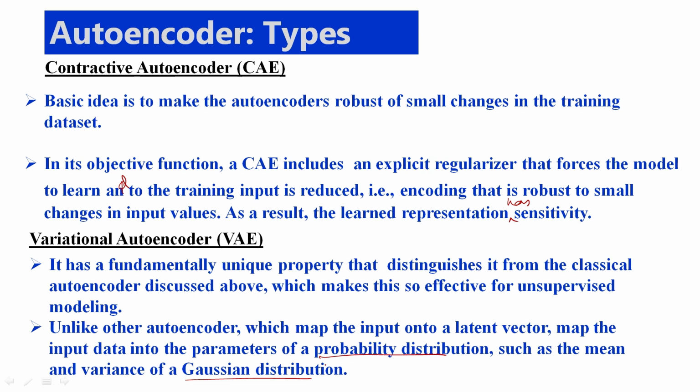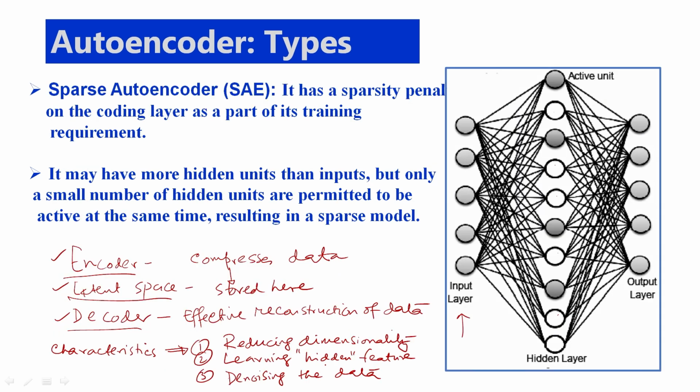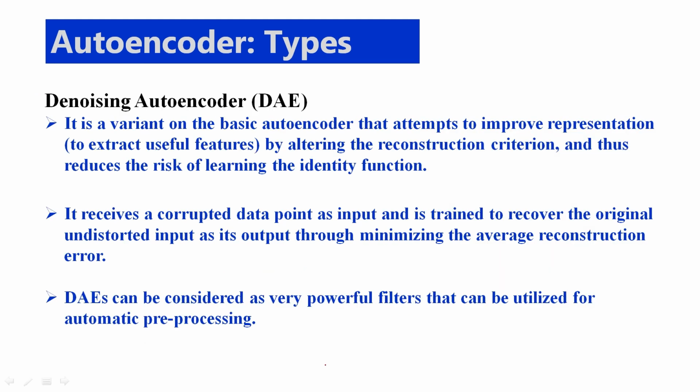So, these are the 4 different types of autoencoders. The first one is the sparse, where you use a very small number of active hidden units compared to the total. Then you have the denoising, which removes all the noise, basically using an altered reconstruction criterion. That is what it does, and it removes all the noise from the data. So, it is a very powerful filter.